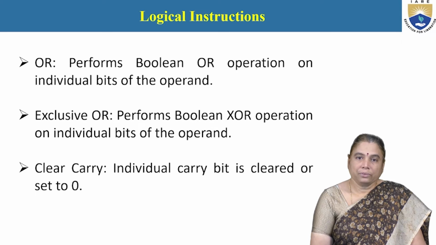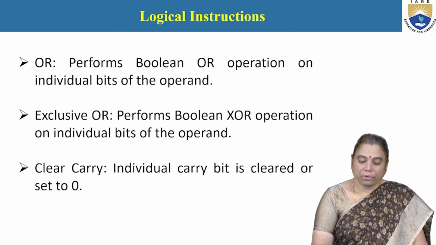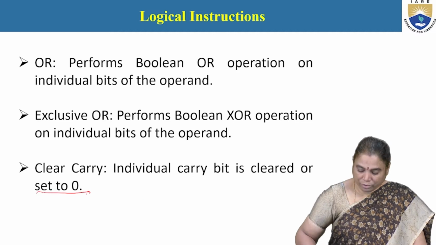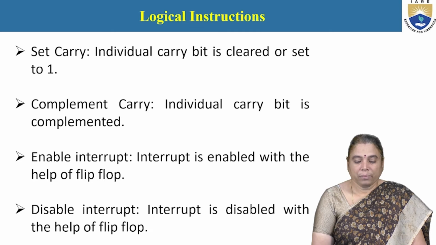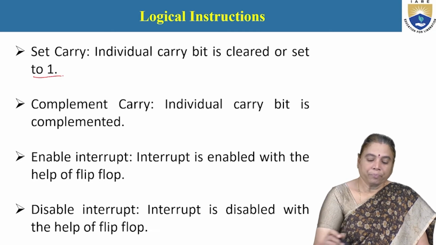So the logical instruction is capable of extracting each bit and applying the logical micro instruction on the individual bits of the operand. Clear carry, the individual carry bit is cleared, set to 0. Set carry, the individual carry bit is set to 1.